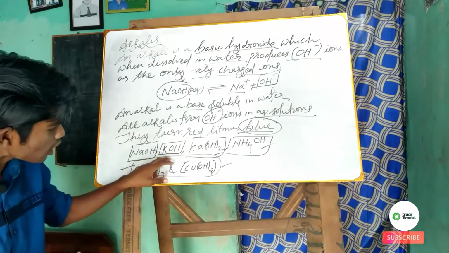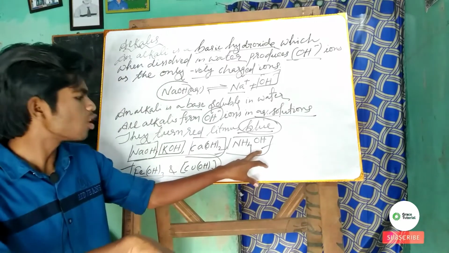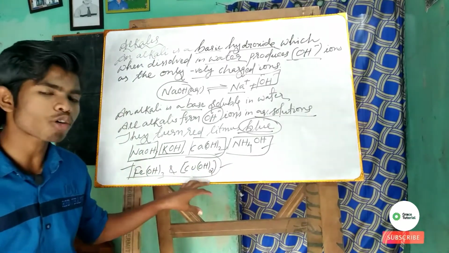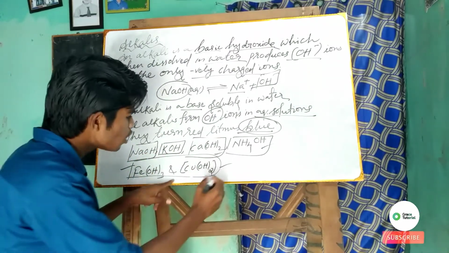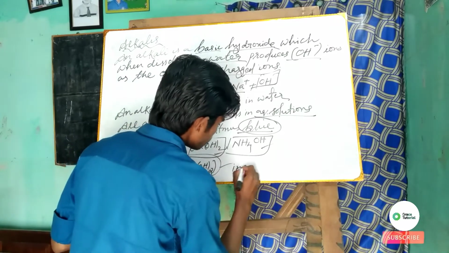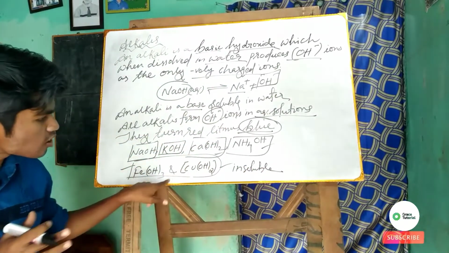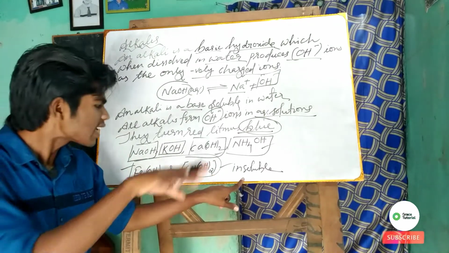Sodium hydroxide, potassium hydroxide, calcium hydroxide and ammonium hydroxide dissolve in water, but ferric hydroxide and cupric hydroxide do not. Since these two compounds are insoluble in water, they do not come under the alkali category.